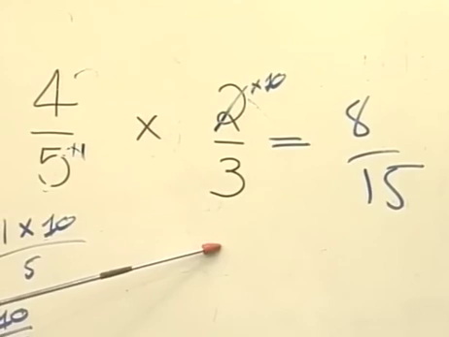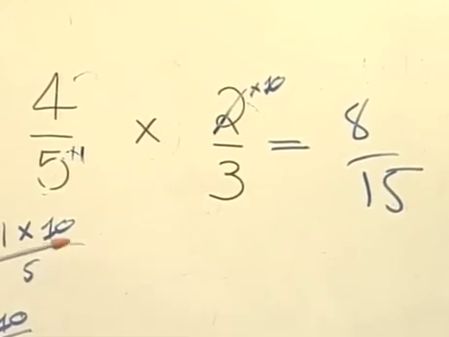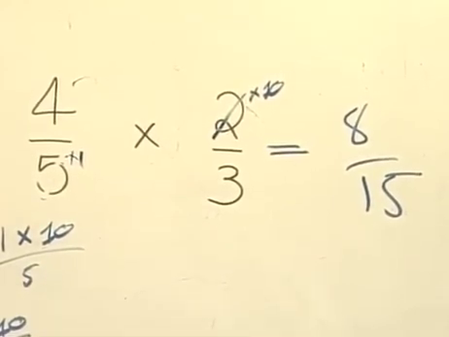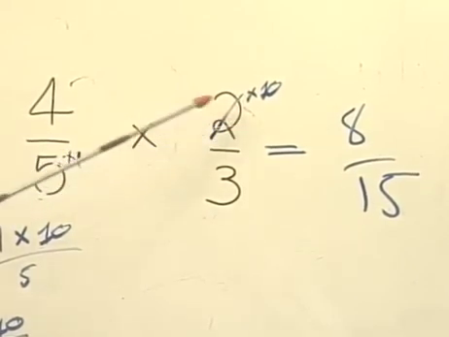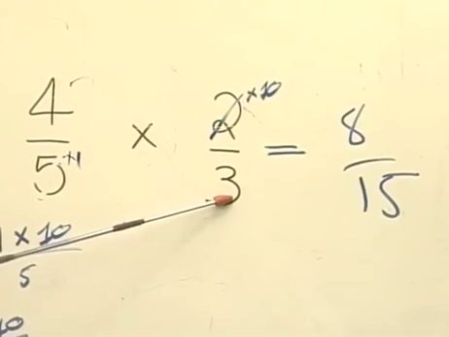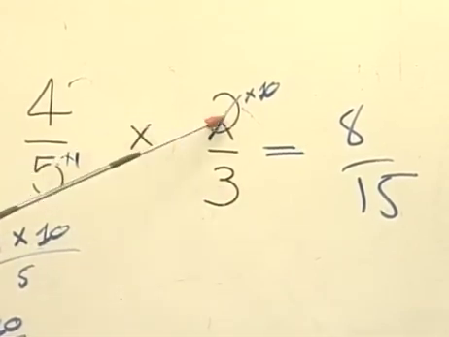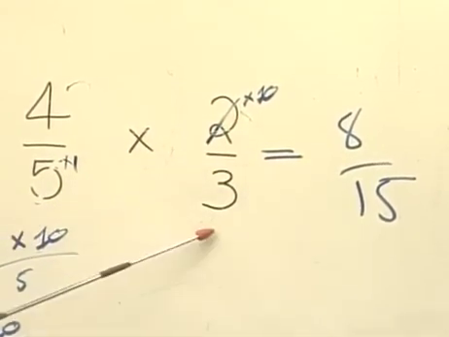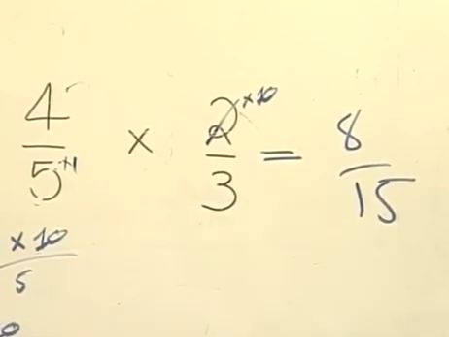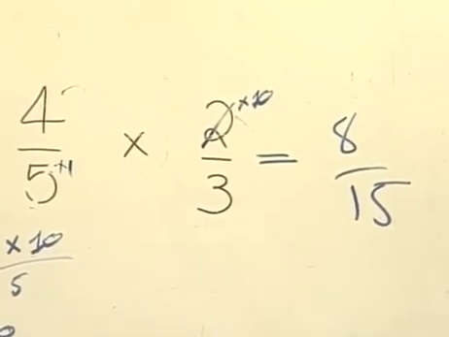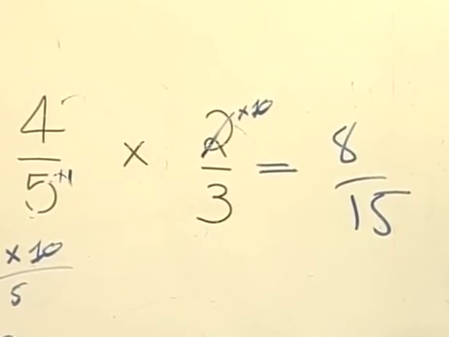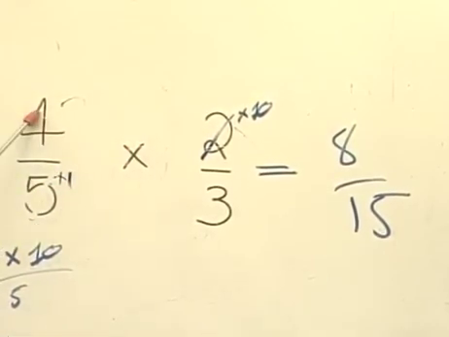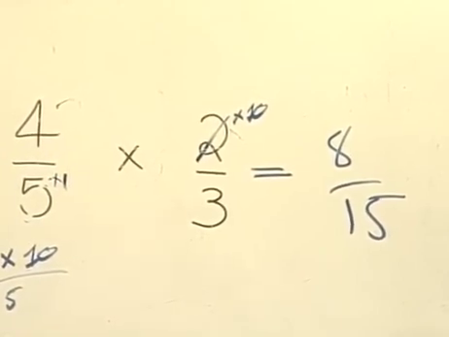No. So what Eddie said was because there aren't any common factors, he just multiplied the numerators and the denominators. So 4 times 2 is 8, 5 times 3 is 15, 8 over 15. Because there aren't any common factors, you just go straight ahead with multiplying the numerators and the denominators.